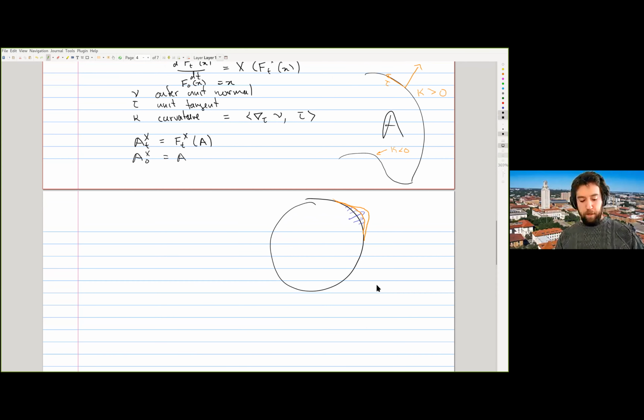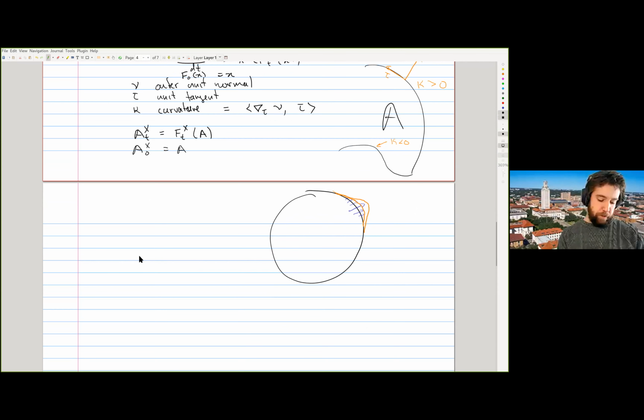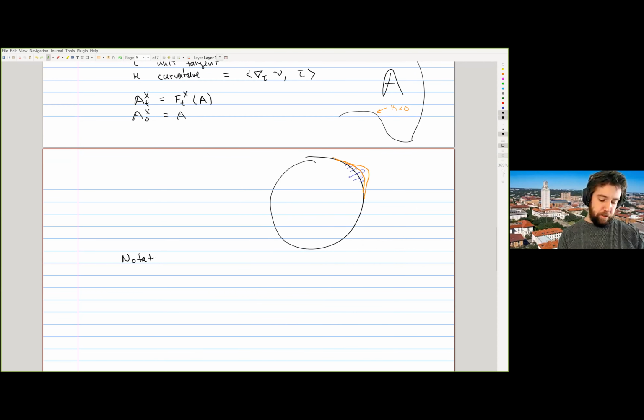Okay, now you can do some formulas, some calculus. Let me write one piece of notation just so the formulas look a little bit nicer. When I write gamma 1 like that, I use it when I'm integrating along curves.